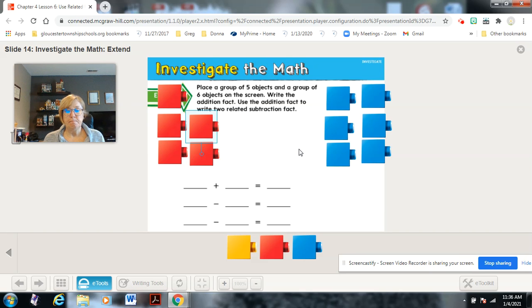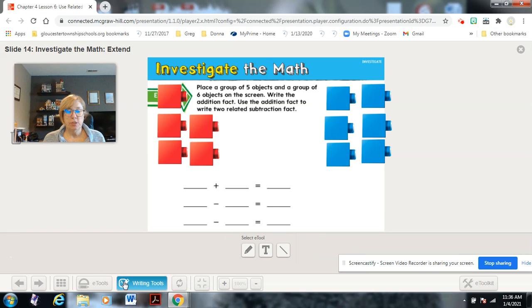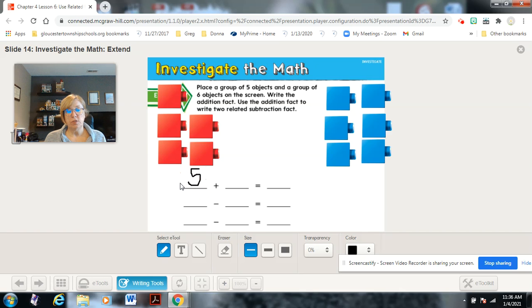Write the addition fact. Let's see, what addends do I have? Remember, numbers that you are adding together are called addends. Well, we already said we had 5 red. You should be writing this on your whiteboard. 6 blue.